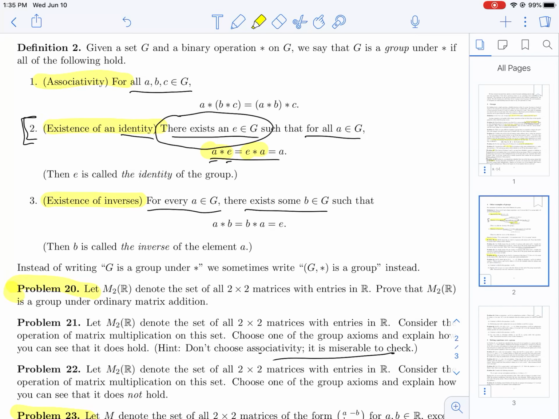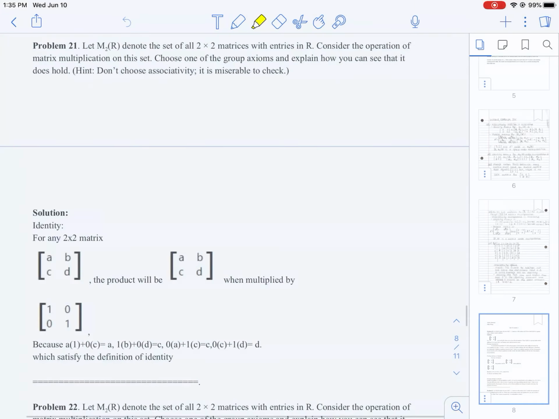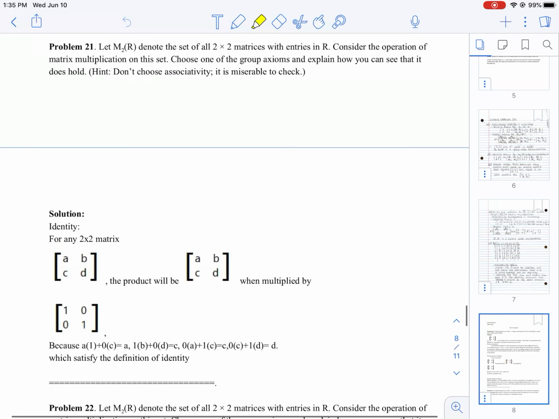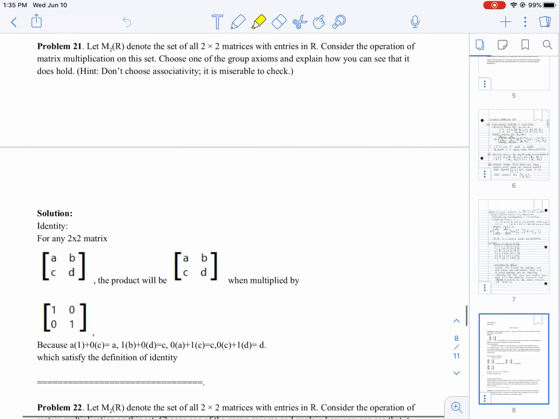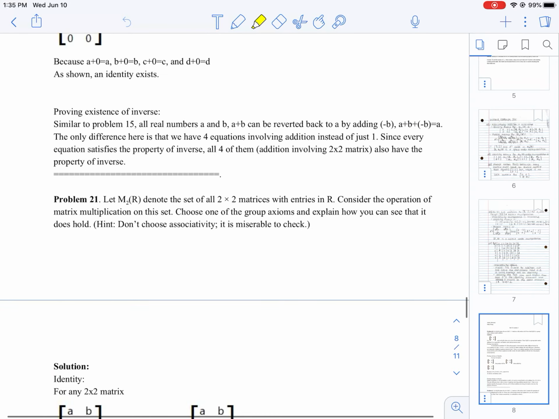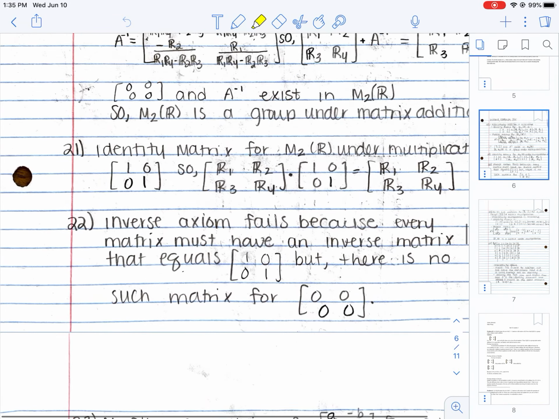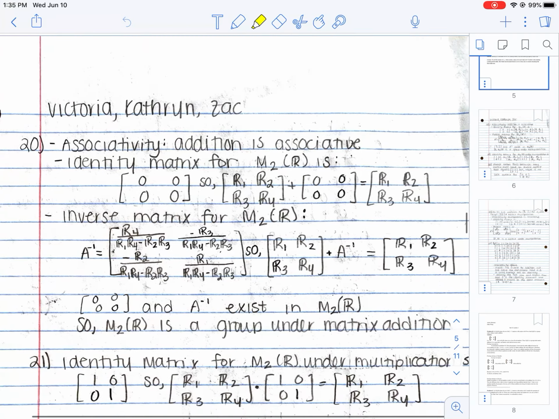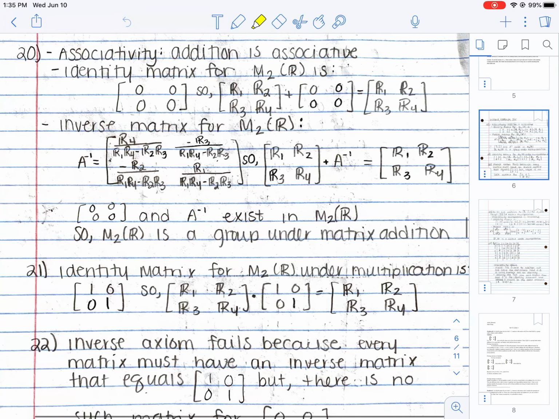And you might say, well, we know they're really the same thing. Well, in the case of matrix multiplication, they're not in general the same thing, because matrix multiplication is not commutative.